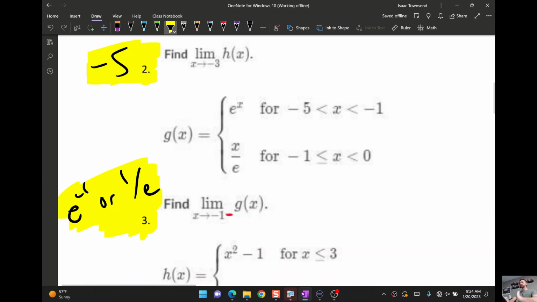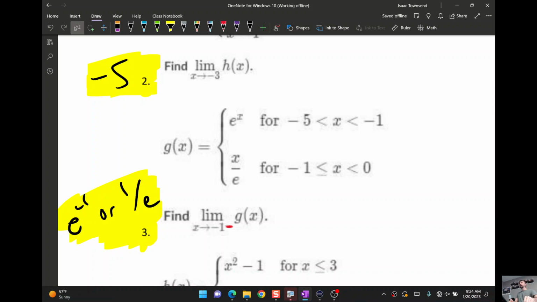I'll give you a few minutes to finish 2 and 3. I did jot the answers up there to the side, so those of you that got those right can go ahead and start moving on. You don't have to wait. And after a minute or two, I will let you ask about 2 or 3. I can work both of them if you need me to.